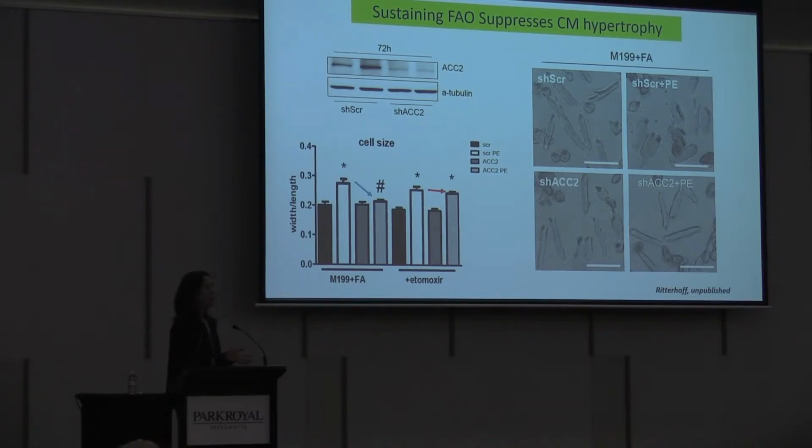To make sure this effect is specific for fatty acid oxidation, she used a pharmacological inhibitor of fatty acid oxidation. When she does that, even in the presence of ACC2 knockdown, the hypertrophic effect comes back. So it is the increase in fatty acid oxidation that could antagonize the hypertrophic effect of phenylephrine.